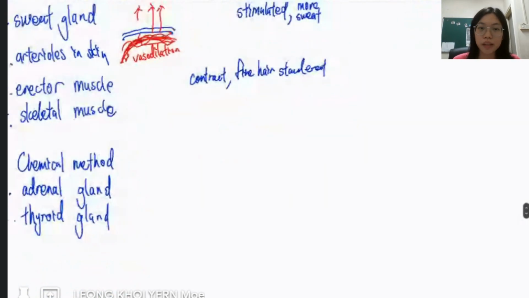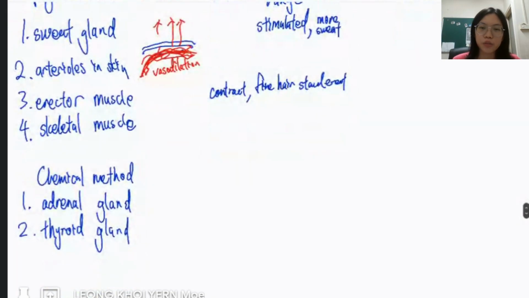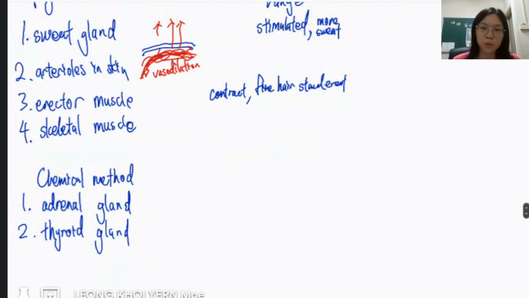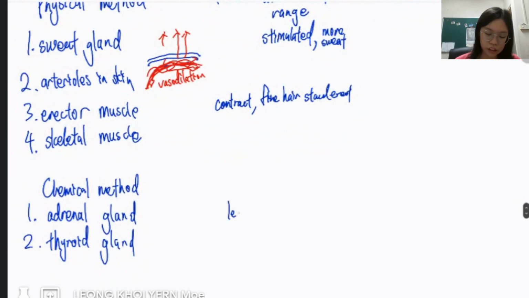Then for chemical method, during a hot situation, you just want to prevent generating more heat. So they won't actually get stimulated. So there will be either no or less hormone produced lah. When there's less hormone or no hormone produced, like the adrenaline hormone, thyroxine hormone, there will be less metabolism.